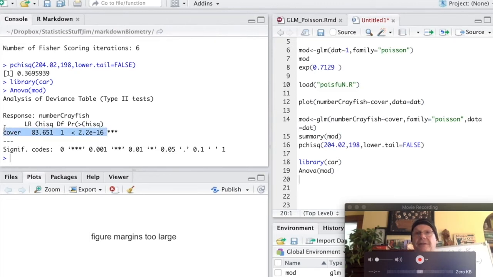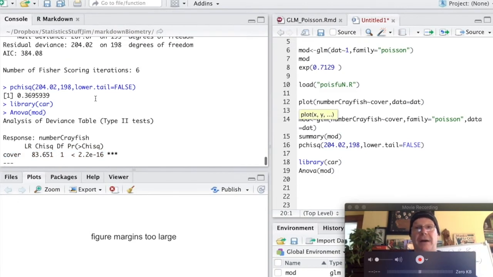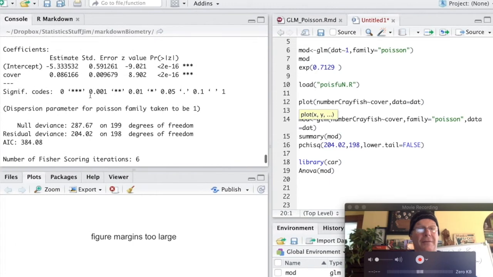So that's telling us it's a good idea to continue to include cover as a predictor, as opposed to just saying cover doesn't matter and all we can do is estimate that parameter for lambda.